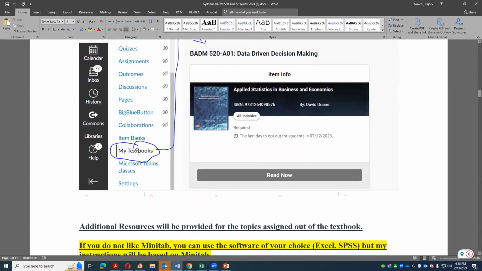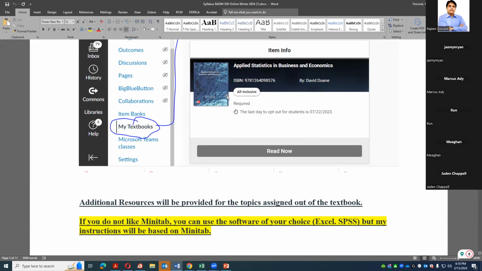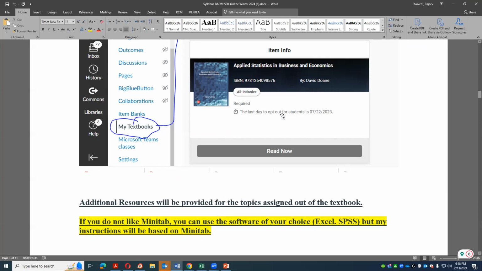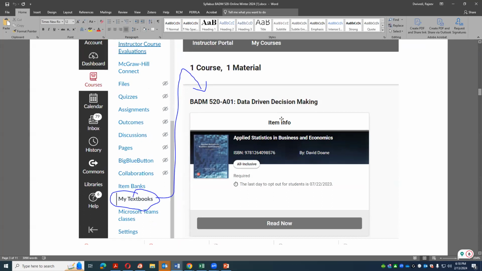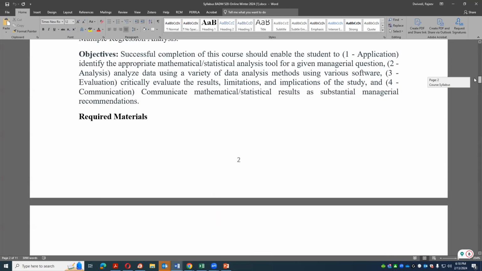The book is just for your reference, reading and understanding, and the rest is my videos and reading material. I'm one of your resources. You can see many resources online through Khan Academy and other sources. So I'm one of your resources in your online MBA.